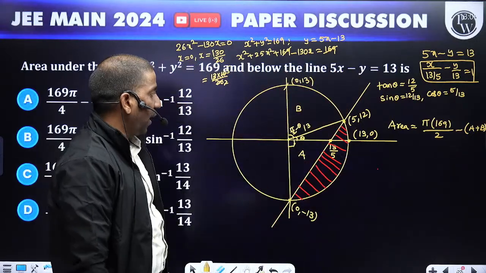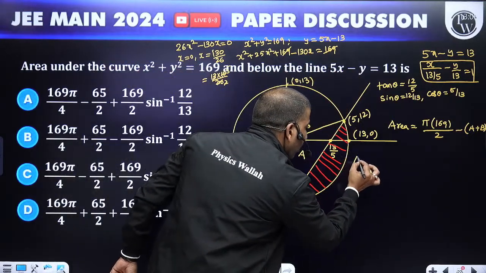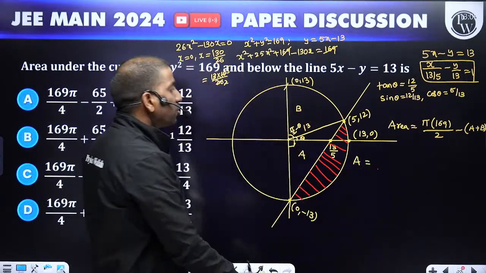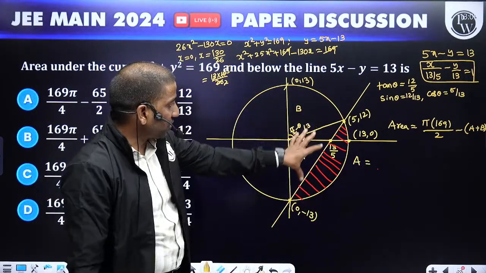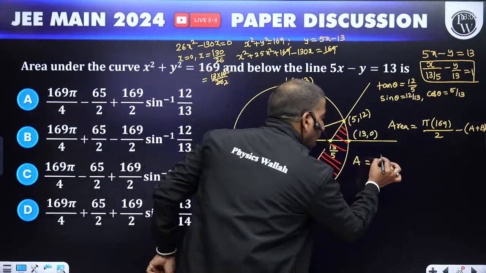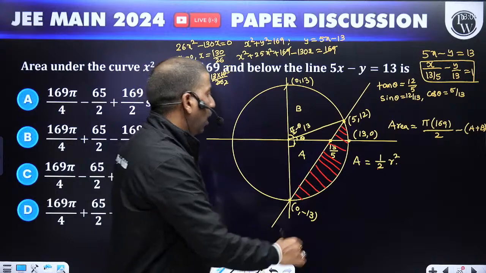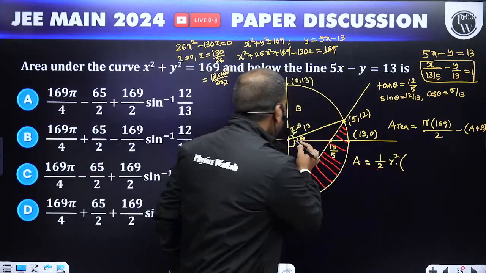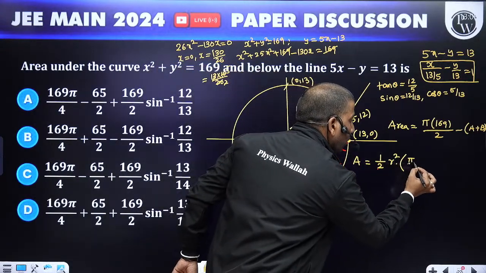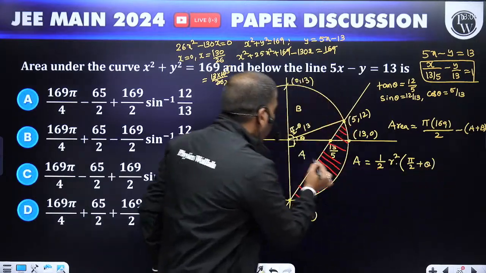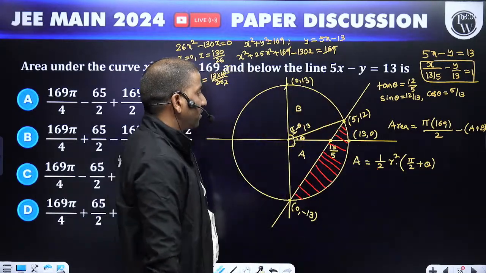What is A? For your reference I am writing, A is equal to the area of the sector. What is the formula? Half r square theta. What is theta here? Theta is 90 plus theta, because this is 90 and this is theta.